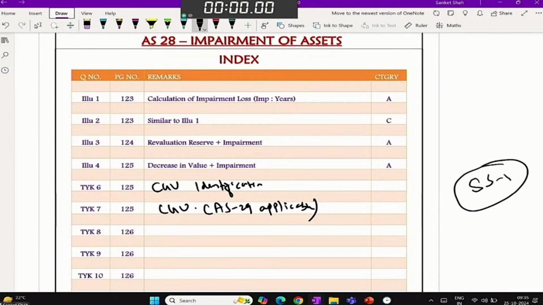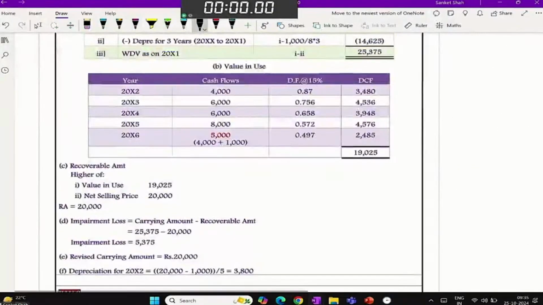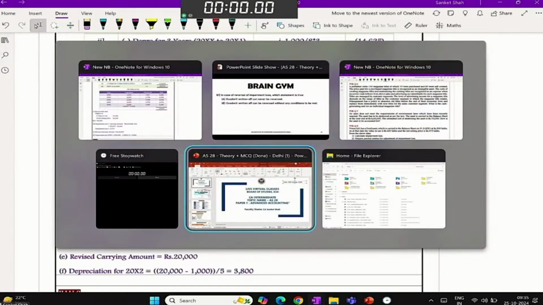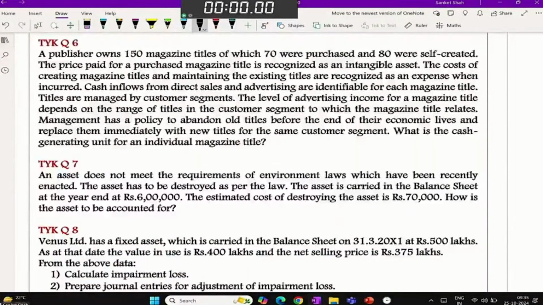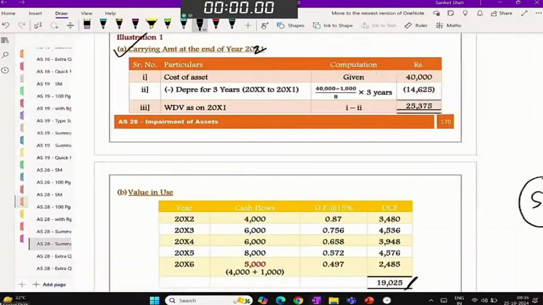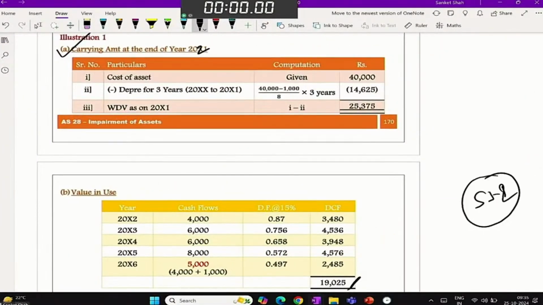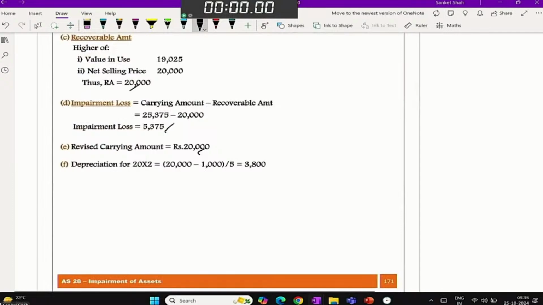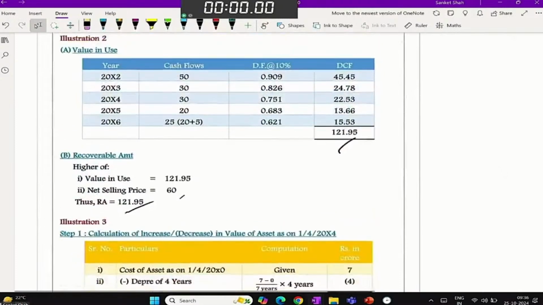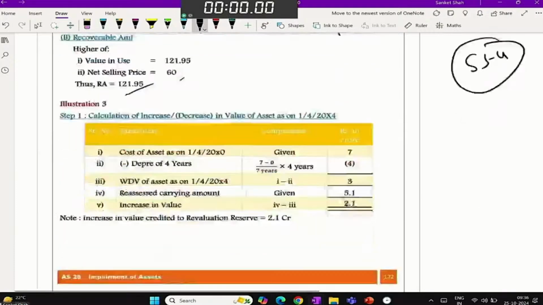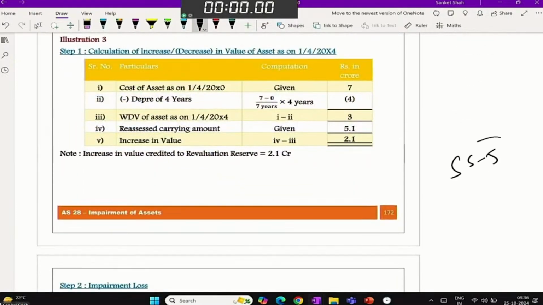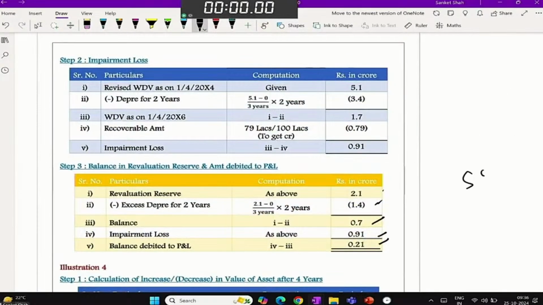Done, sir. Screenshot 2 was after the index. Done, sir. 3. Done, sir. 4. Done, sir. 5. Done, sir. 6.